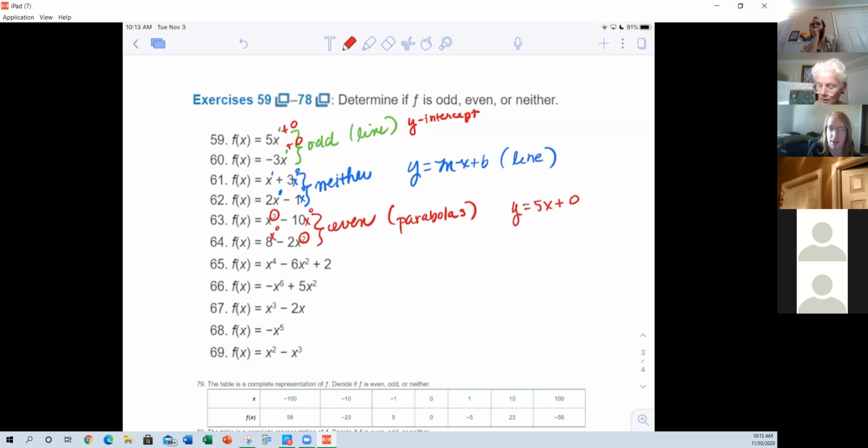So if there's no constant being added onto your linear function, then it passes through the origin. Whereas what about 61 and 62? Let me erase all this garbage right here.